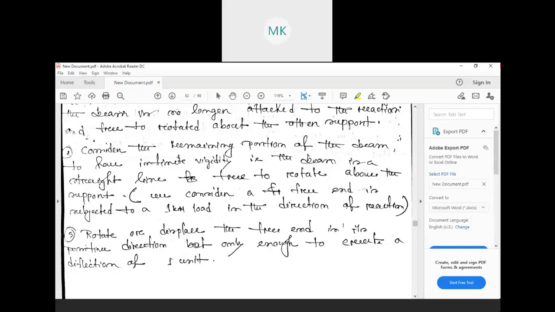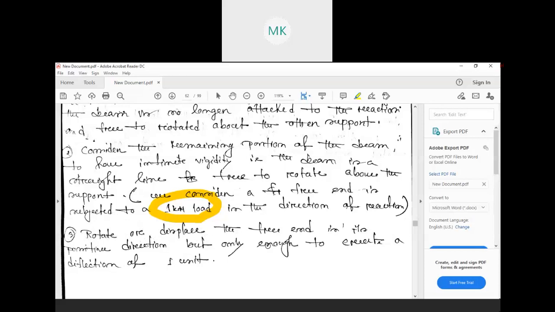As we have already discussed, we are doing everything considering a unit load. So we need to consider a 1 kilonewton load, or you can say a unit load, at any point along the beam. When we discuss a numerical, you will understand these things. I will explain that also.